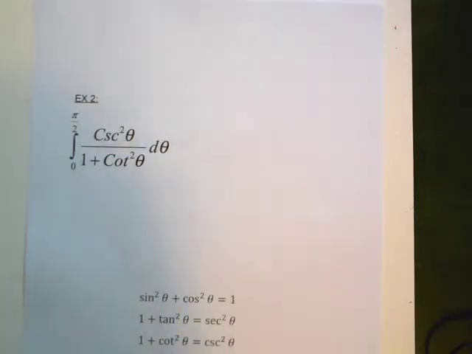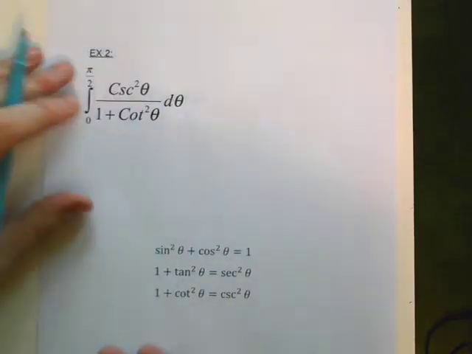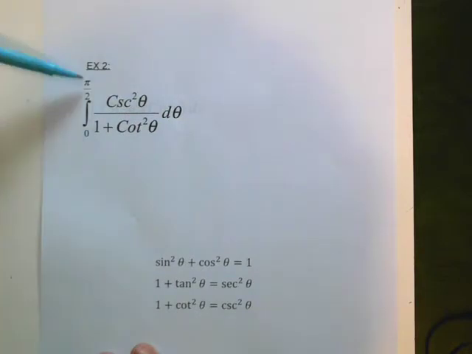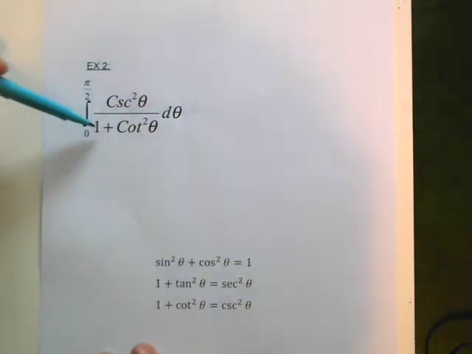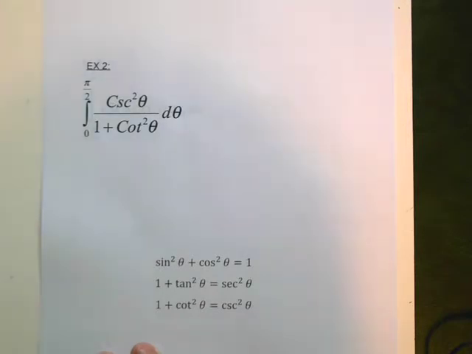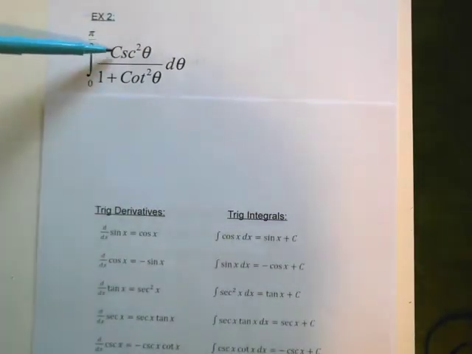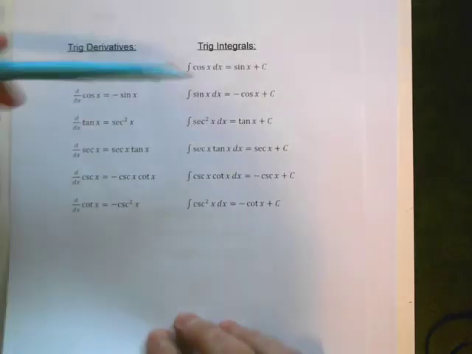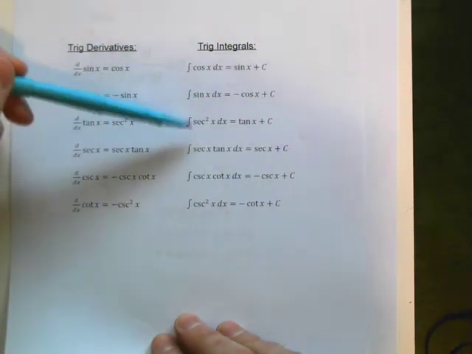So we're going to, again, use all of our tools here. This one is the integral from 0 to pi over 2 of cosecant squared over 1 plus cotangent squared. All right? So first thing I usually do, on all of these problems, is just look at your integrals. In my numerator, I have cosecant squared. Well, let's see if there's a cosecant squared anywhere in our integrals.